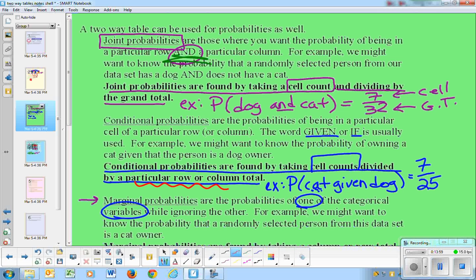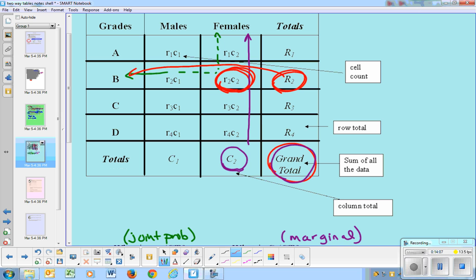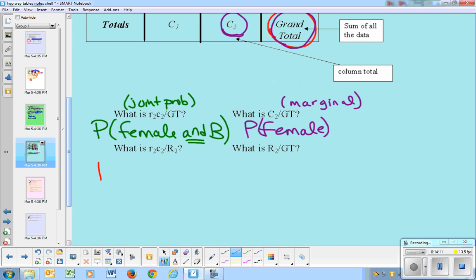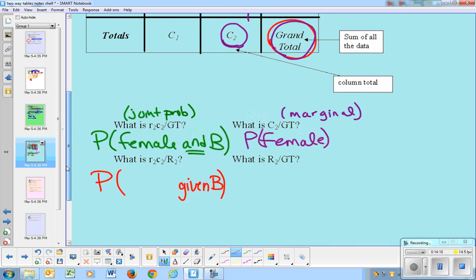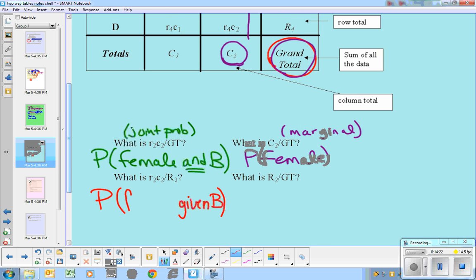So in this case, the assumption I'm making is that we are in row 2, which is the B category. Okay, so this is the probability of something, assuming that I'm in the category of B students. And if I look at that cell is the cell of females. So this is the probability of female, assuming that you're only looking at the group of B students, okay? And this is example of conditional probability.